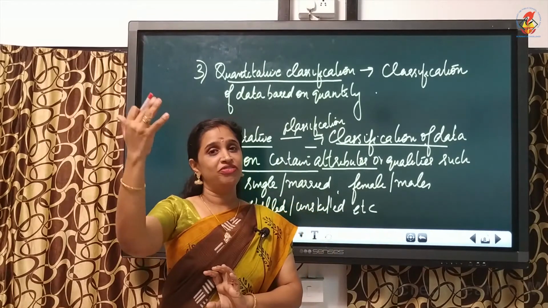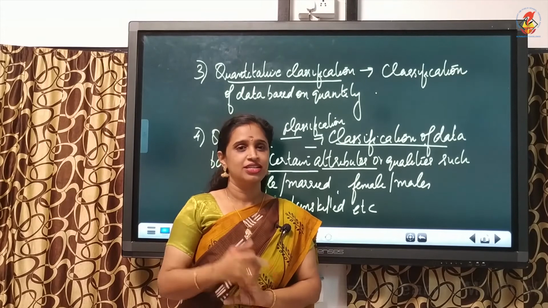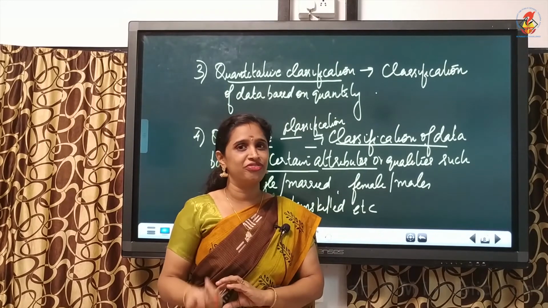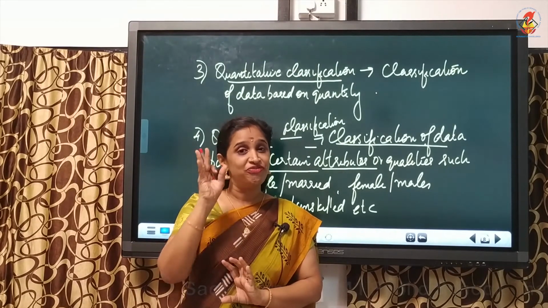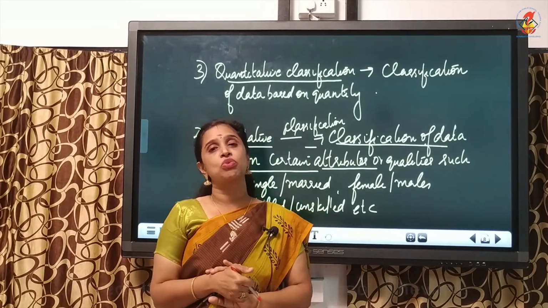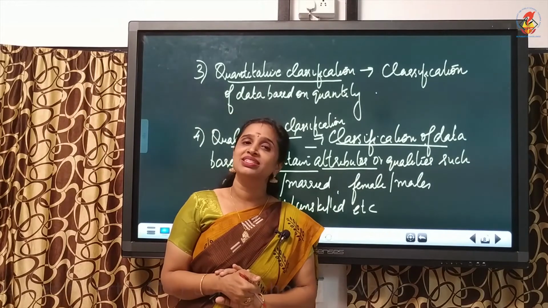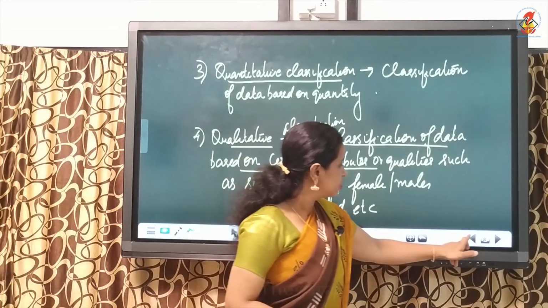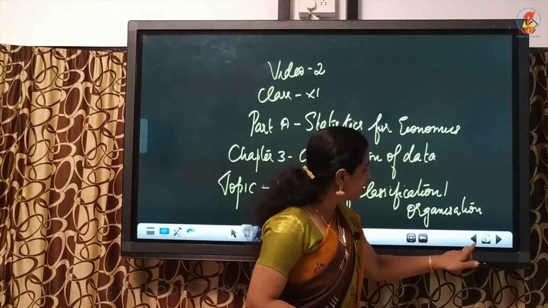When you fill in certain data, you can find single or married, male or female, isn't it? So, when you arrange the data on the basis of some attributes or qualities, we can name it as qualitative classification.